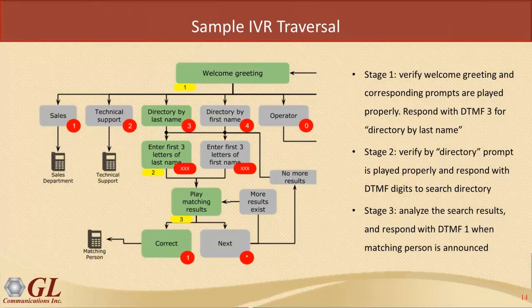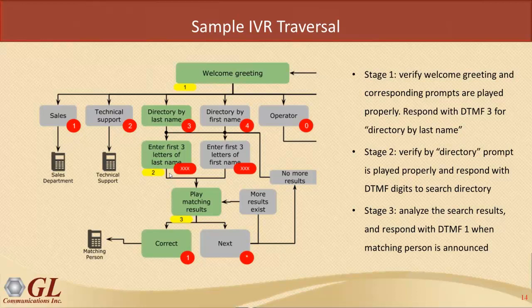We know ahead of time what prompts are expected in this tree, and we can divide this into 3 stages. In the first stage, we'll verify that the welcome greeting and all the different menu options are played properly. If this is confirmed, we'll respond with a DTMF digit 3, which gets us to the second stage, the directory by last name.